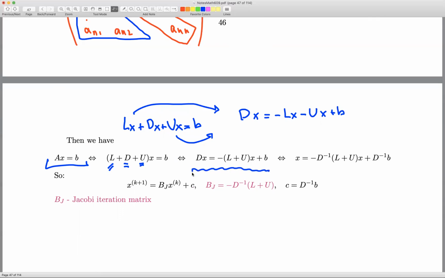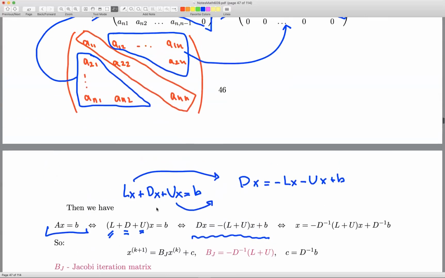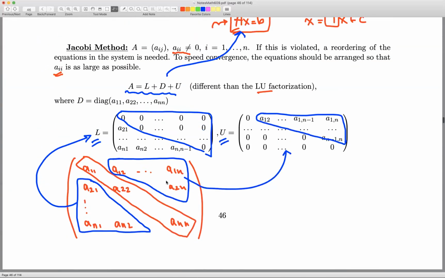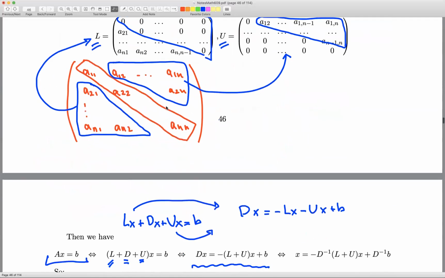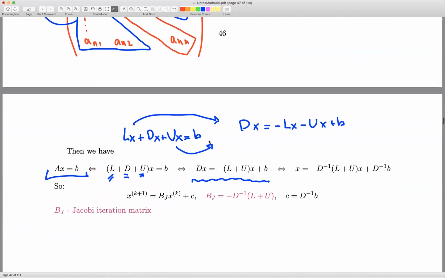Now, remember that when we looked at the matrix D, it had all the diagonal elements, and all the diagonal elements were different from zero, and therefore the matrix D will be an invertible matrix. So we can multiply both sides of this equation by D inverse. And what will be the inverse?